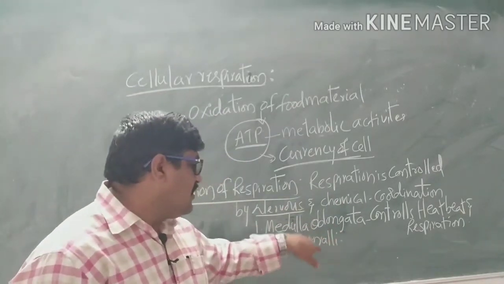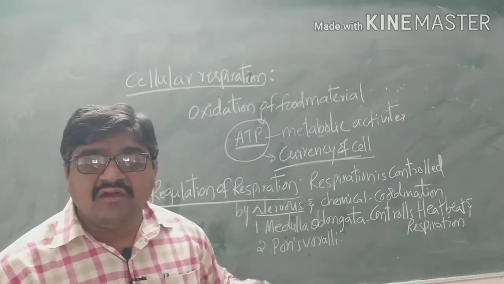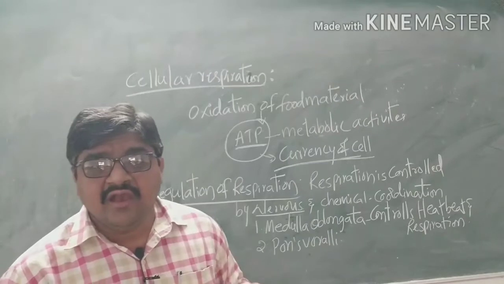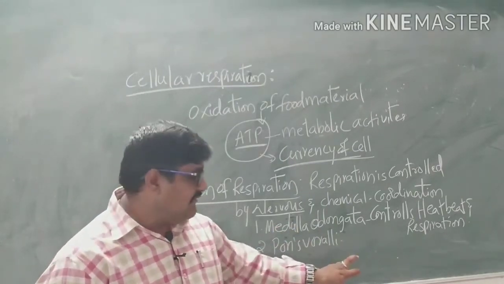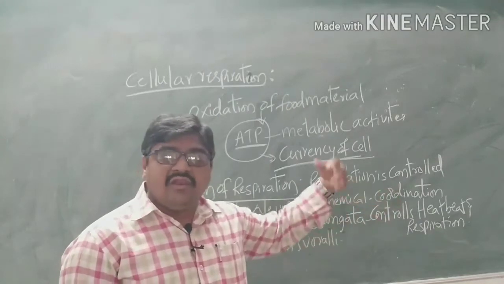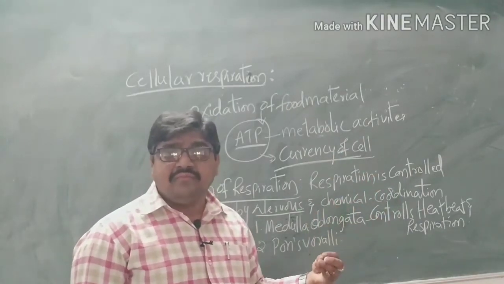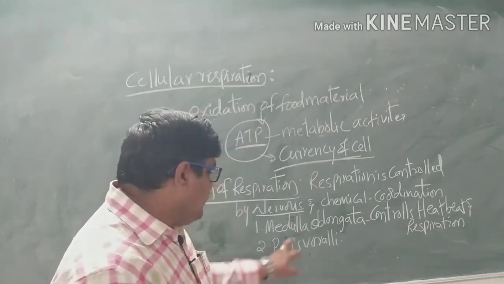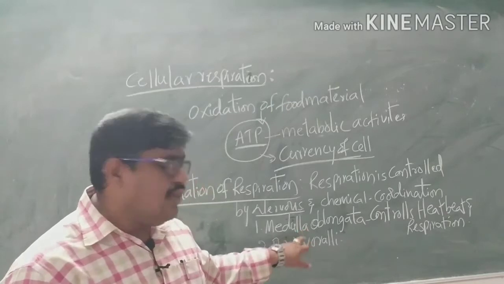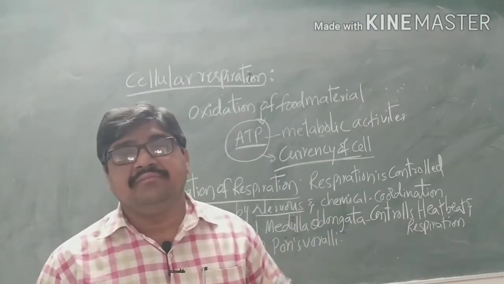So the medulla oblongata and pons varolii are helpful for respiration. Since we are on the respiration topic, we will continue with respiration; when we go into the heartbeat, we will discuss the regulation of the heart or circulation.